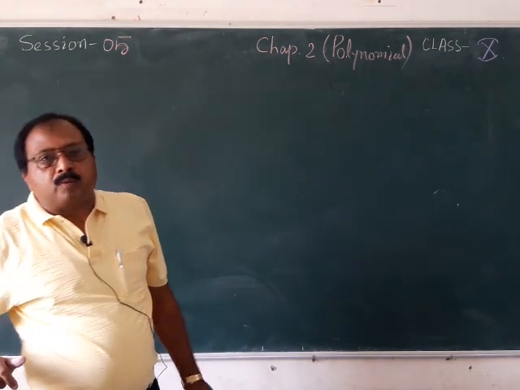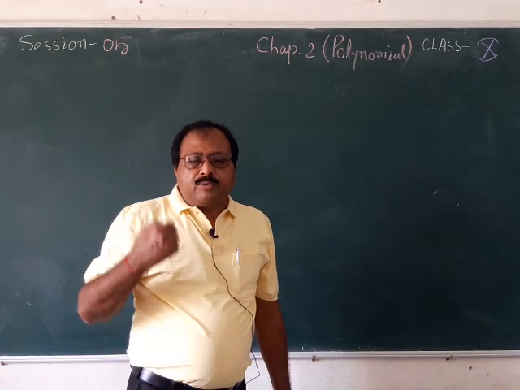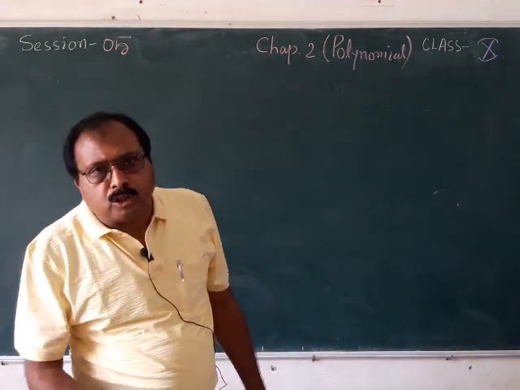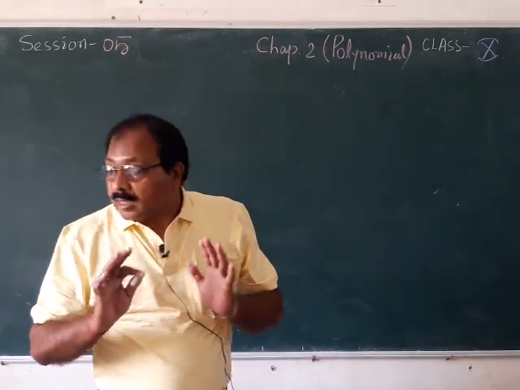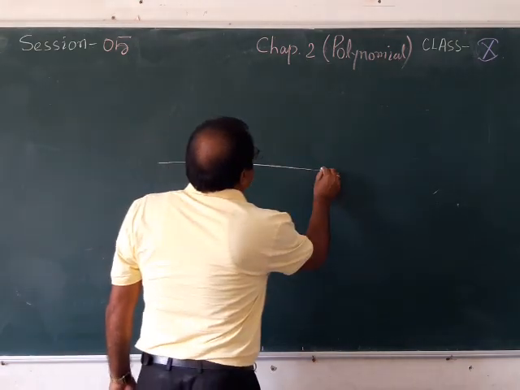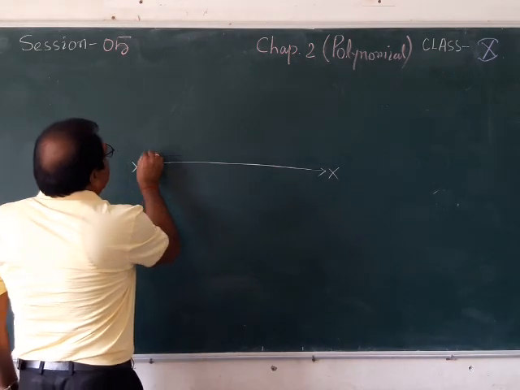So today we will discuss how we can decide whether the given polynomial is having 1 zero or 2 zeros or 3 zeros by looking at its graph. So, here I am showing you something that you have seen, the graph of the polynomial.